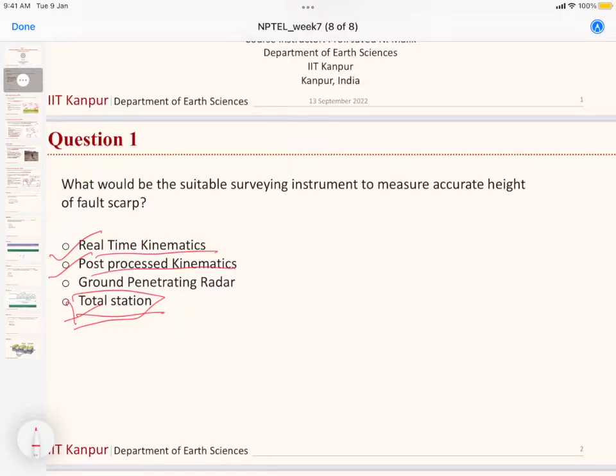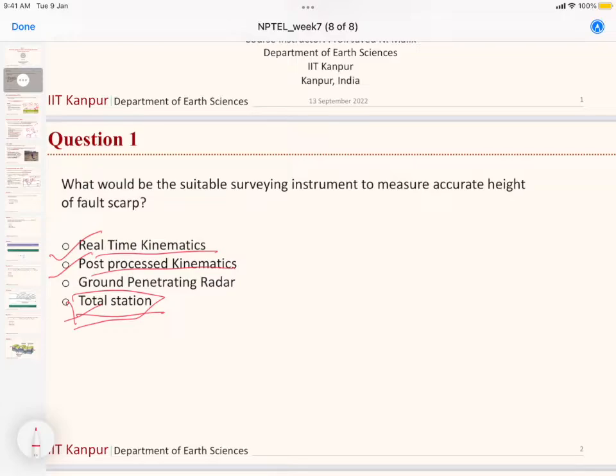So here we know there's a fault scarp, we don't want to explore it. If the question was a bit different, like you want to identify where the fault scarp or fault feature is, then you could have chosen this option, PPK. But since we know the location, we just want to map the height of the fault scarp, we don't want to identify it or search for it.